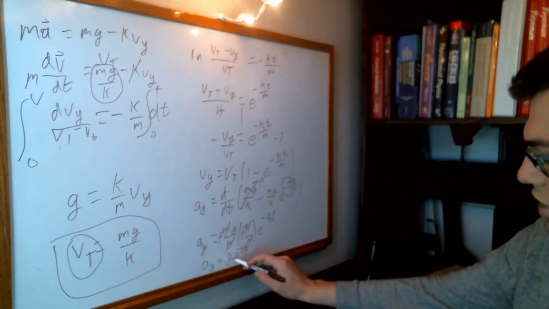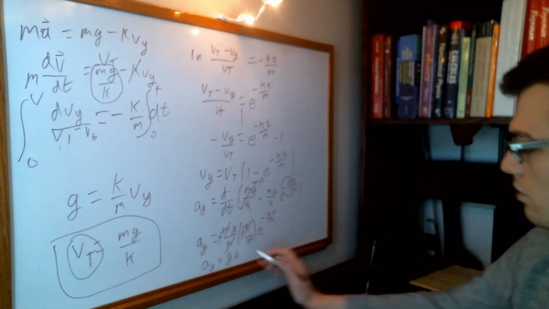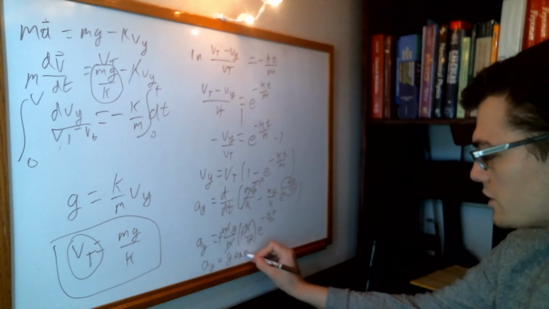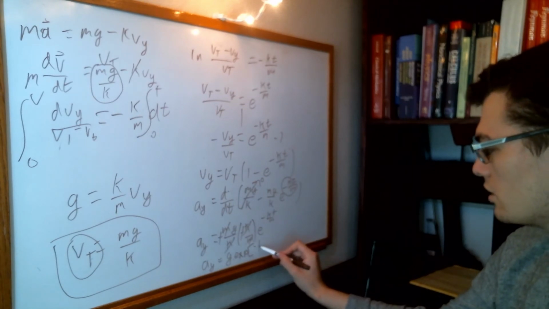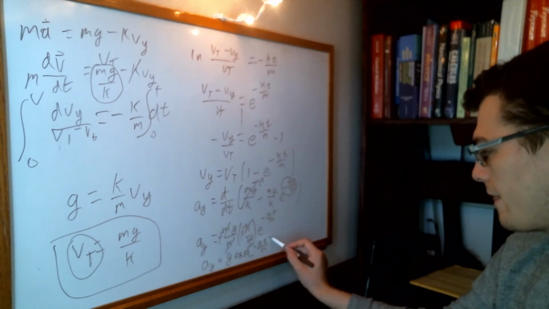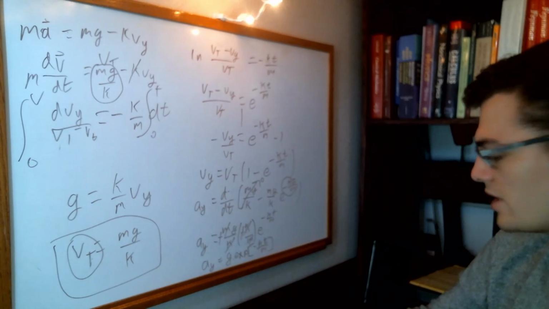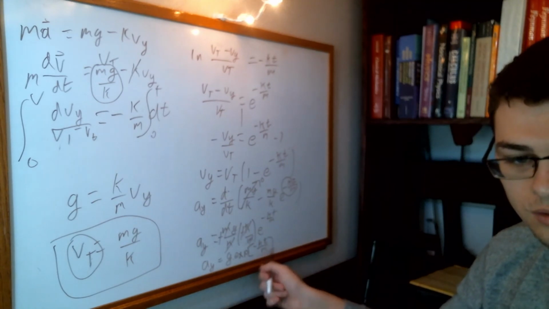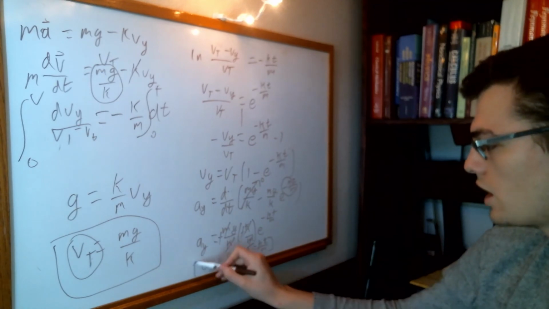Again, this is g, and I'll write this in an easier to see form. We're going to use exp as an exponential, and then we can say negative kt/m. And so now we've solved for what our acceleration Ay is.